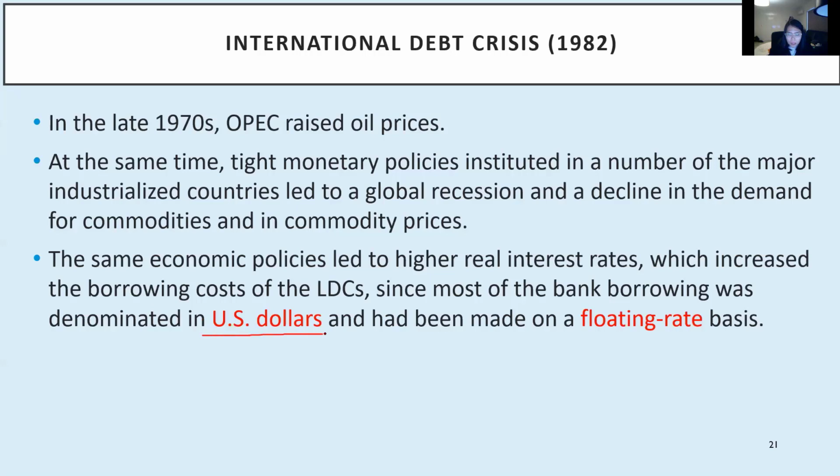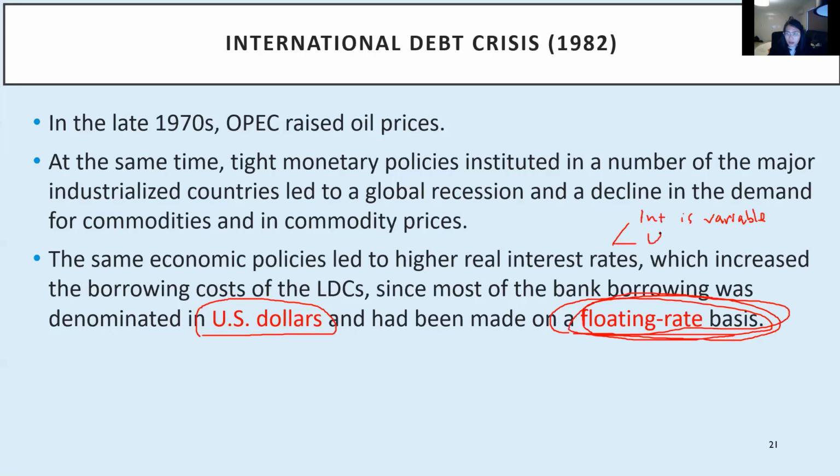Now, the problem becomes severe because these countries realize that they have been borrowing USD denominated debt, okay, on a floating basis, okay, meaning that the interest rate is variable and it increases as the risk of the borrower increases, okay. So there were two problems. The first one was that the interest rate is floating, is variable, and it increases as the troubles in the less developed country increase.